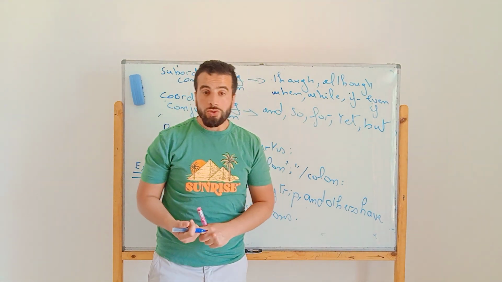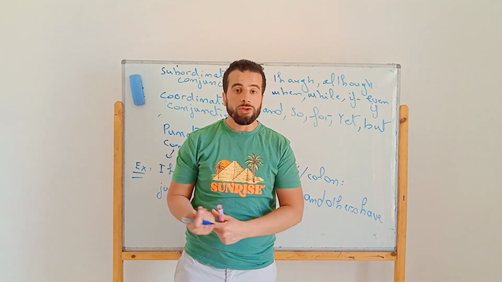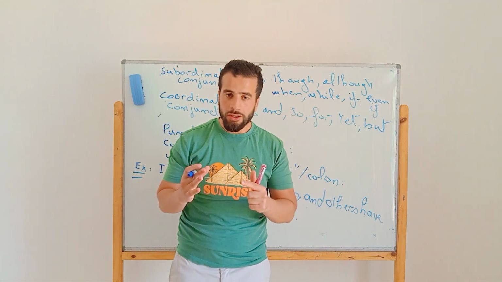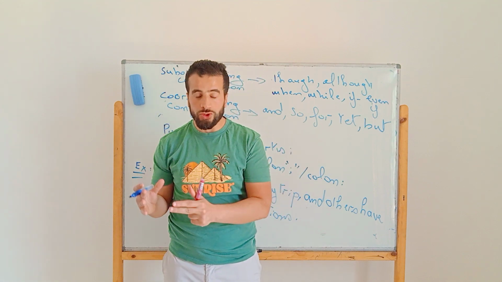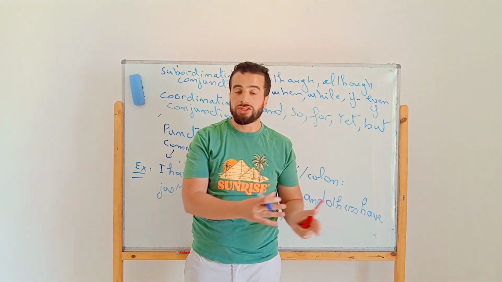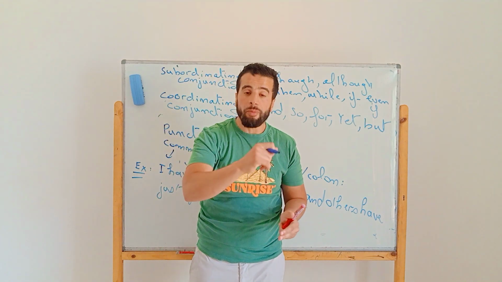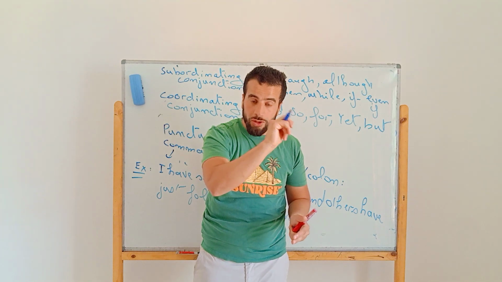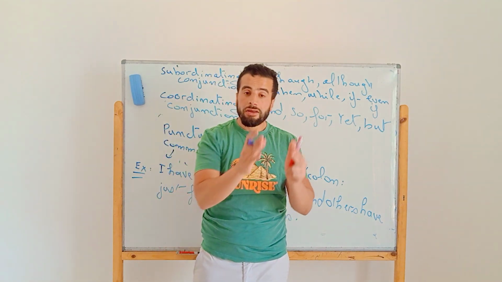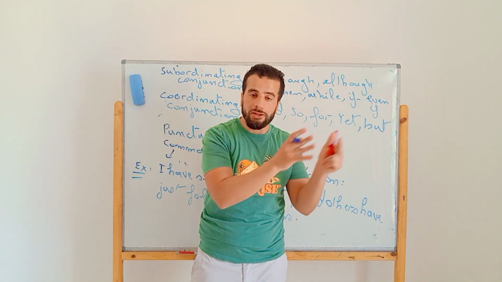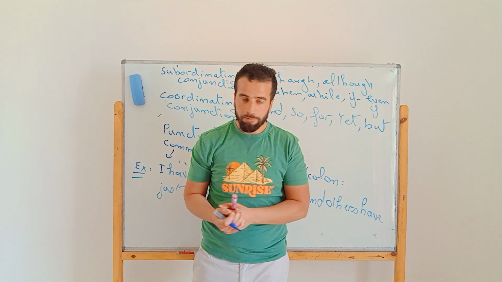A comma is used repeatedly when we have a list. When you organize a list of items such as foods, such as clothes, or any other items, here you should put comma, comma, comma, and then when you want to mention the last item, put comma before and then you finish with the last item.